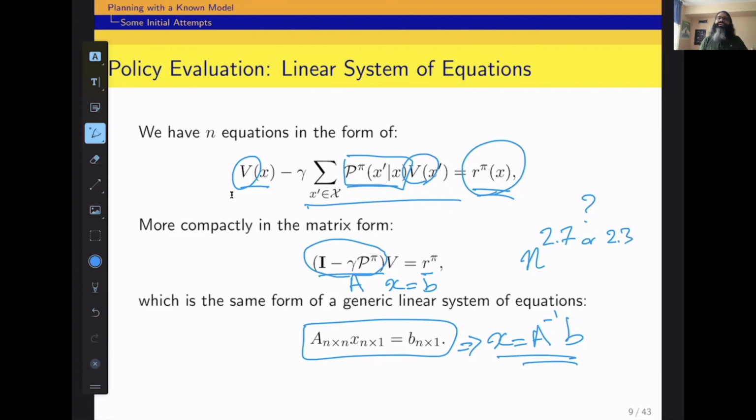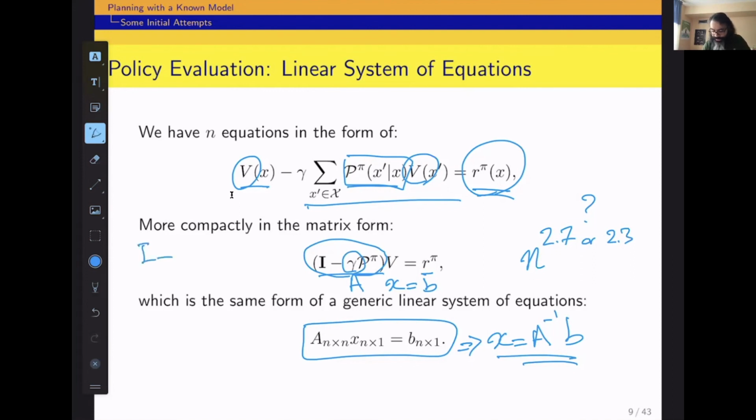I think I have a result in the lecture notes that I'm going to post soon that shows why this is not singular. At a very high level, the basic idea is that because of this discount factor gamma, the eigenvalues of this matrix matter.